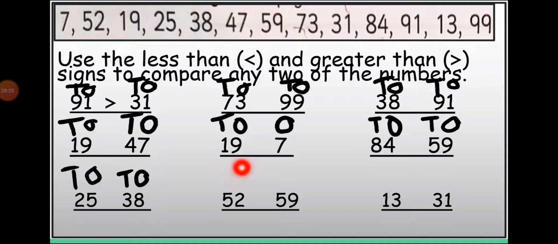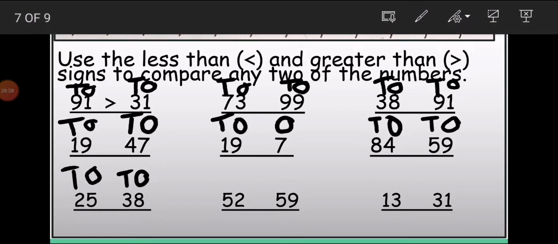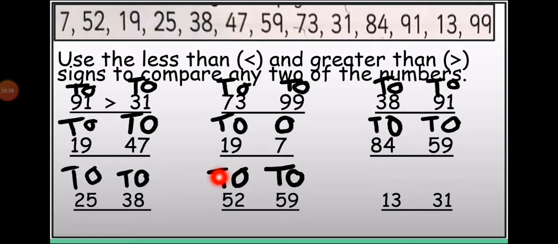The next number is 52 and 59. Look at the next numbers. In 52, 2 is ones and 5 is tens. In 59, 9 is ones and 5 is tens. You can see 52 has 5 tens, 59 has 5 tens. So we have to compare the greater value. Remember, when two numbers have the same number of digits, we start comparing the digits from the leftmost place until we come across unequal digits.